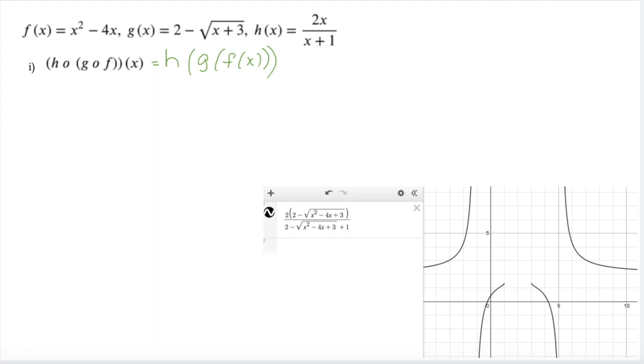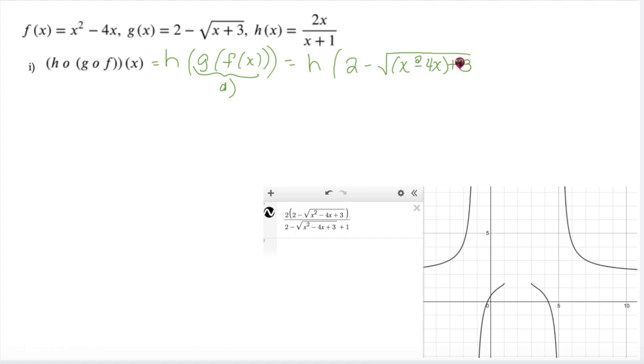But we already found from example D what g of f of x is. We already found that g of f of x is 2 minus the square root of x squared minus 4x plus 3.